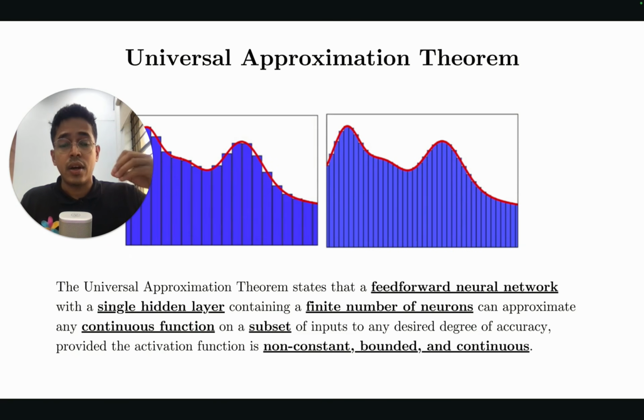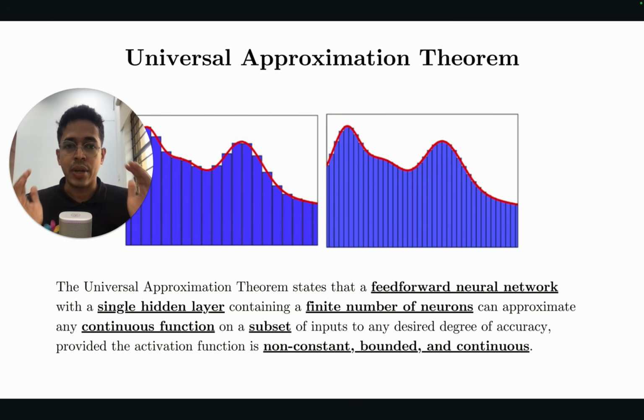But a neural network which is of feed-forward nature and single hidden layer and finite number of neurons in this hidden layer can approximate any continuous function within a subset of inputs to any degree of accuracy, provided the activation function that we use in this feed-forward neural network is non-constant, it is continuous, and it is bounded.